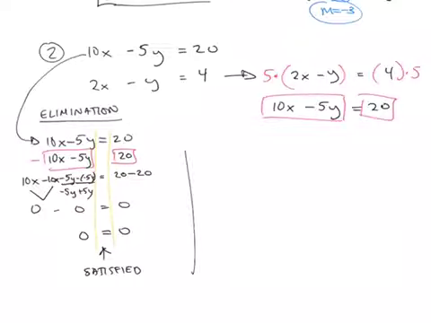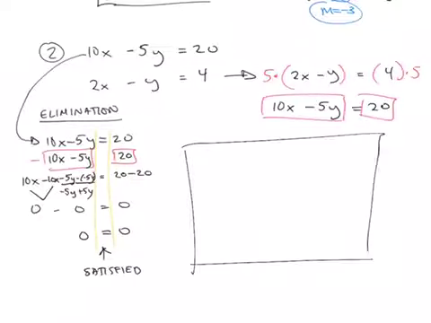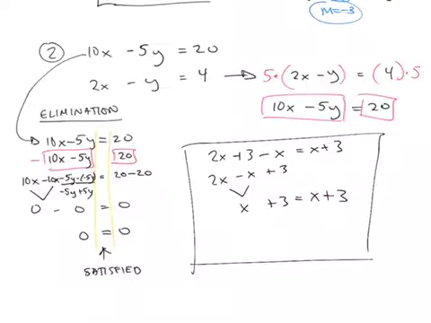So just as a quick throwback and reminder to an earlier video, we had an equation that looked like this: 2x plus 3 minus x equals x plus 3. On the left-hand side, I rearranged and then combined like terms to get x plus 3 on the left, and that was equal to x plus 3 on the right.